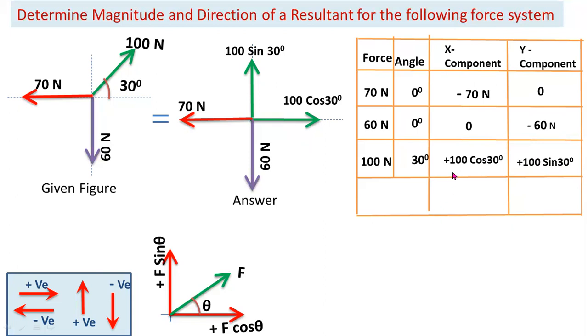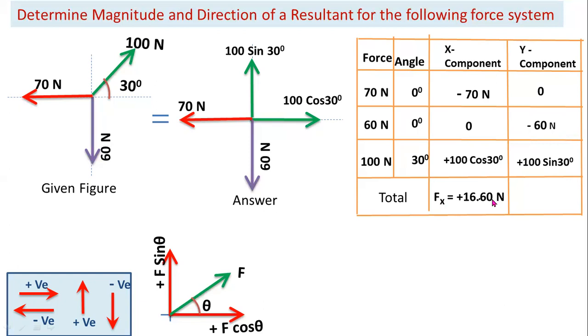Now you have to add all these x components. The sum of all horizontal forces equal to summation Fx. Fx means sum of all horizontal forces along the x-axis. Sum of all horizontal forces along the x-axis equal to 16.60 newtons.